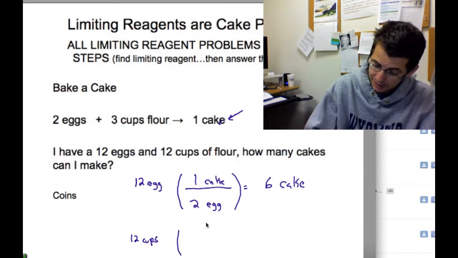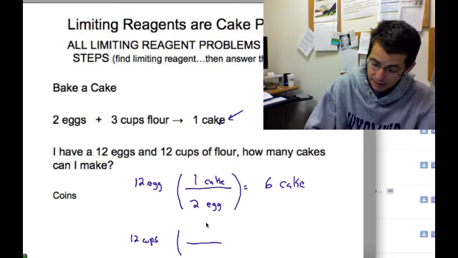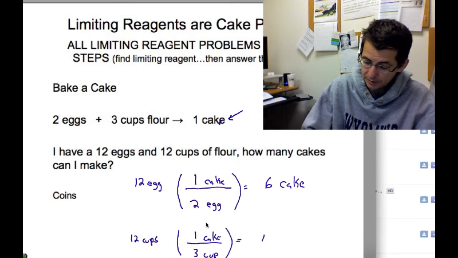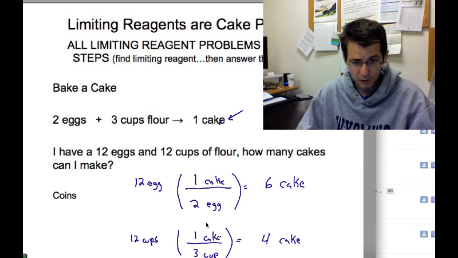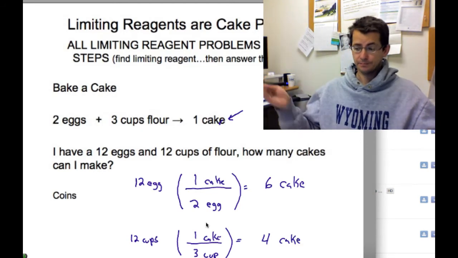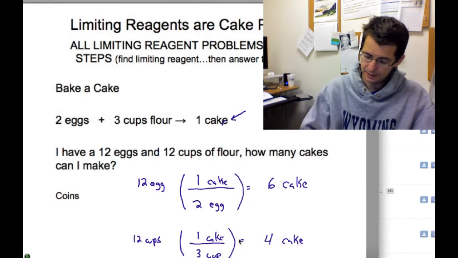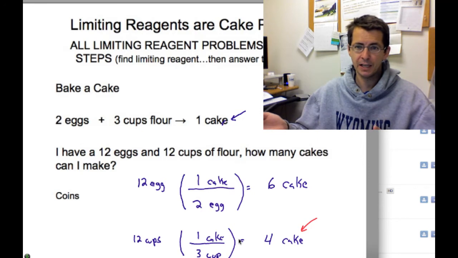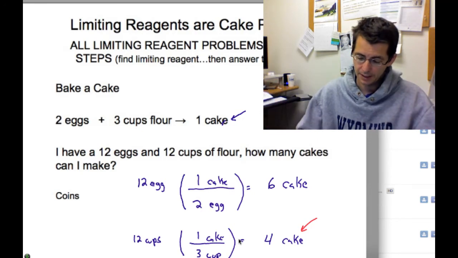We can do the same calculation with cups, and we see that for every 3 cups, that gives us 1 cake, allowing us to make 4 cakes. So, how many cakes can we make? Well, that's easy. 4 cakes, right? 12 eggs, 12 cups of flour, we can make 4 cakes.